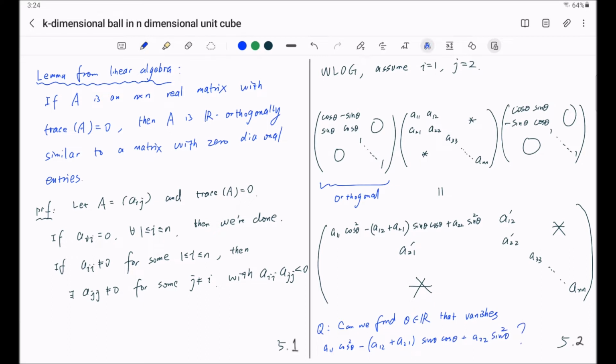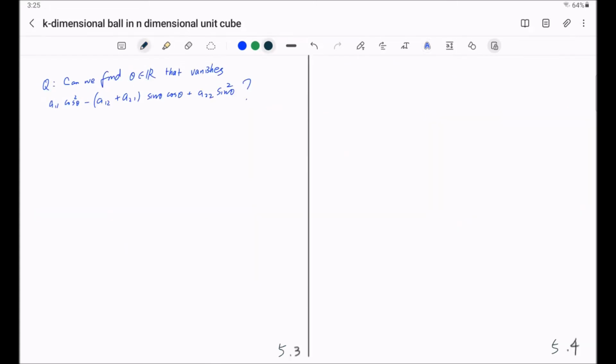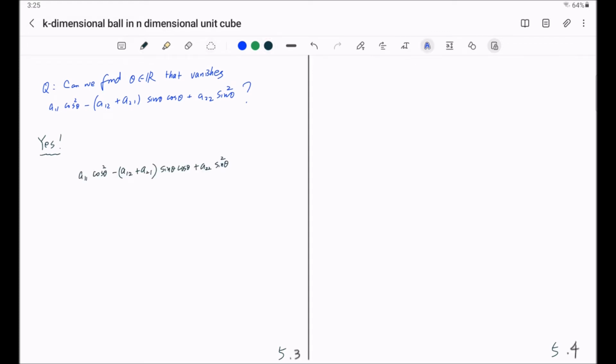Can we find the theta that will make this expression vanish? The answer is yes, because we can now pull out a cosine squared theta. So this becomes cosine squared theta times this expression.